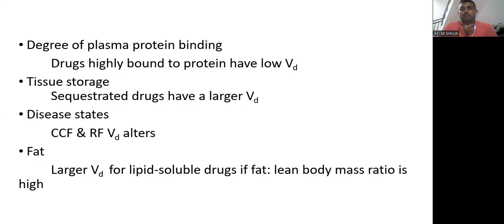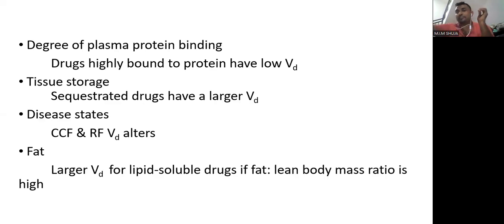Degree of plasma protein binding. In the plasma, you are having plasma protein. So when a drug is bound to the plasma protein very attractively or highly, that means that drug stays inside the plasma. So it may be unable to distribute to the other parts extensively. So for that kind of drug, the volume of distribution will be low. The more your drug is bound with plasma protein, it's confined to the blood vessels.